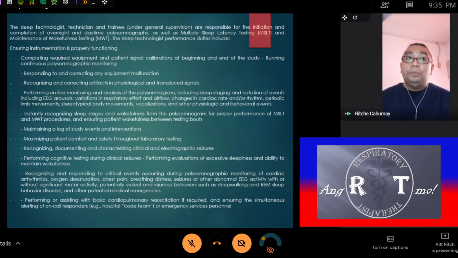MSLT allows you to observe how fast your patient falls asleep, and that occurs during the daytime because you're going to observe excessive daytime sleepiness when you're performing MSLT.